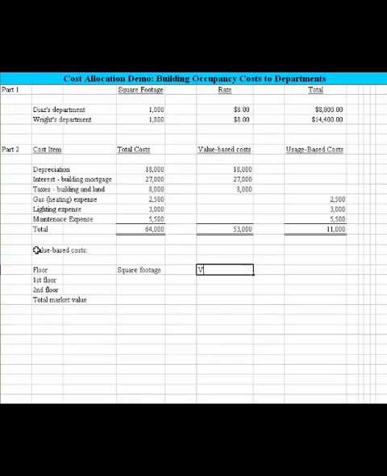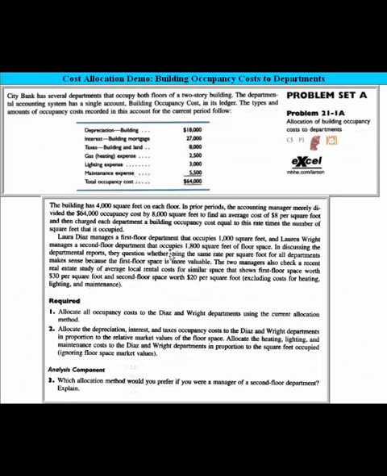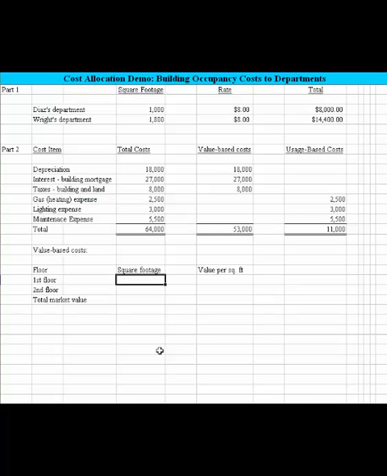Then we need to determine the value per square foot, and I think that was given in the problem. Both are 4,000 square feet, I believe. 4,000 on each floor, yep. And the value per square foot was given in the problem at $30 for the first floor and $20 for the second. So now we know that there's 4,000 to go here, 4,000 to go here.